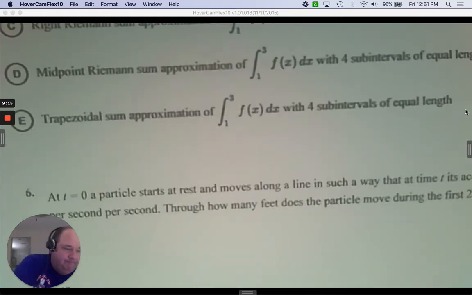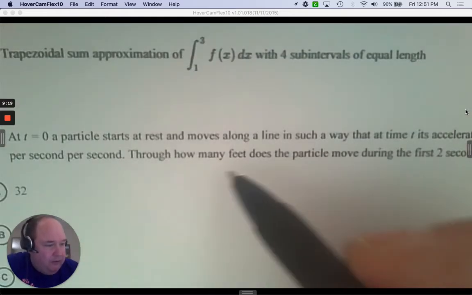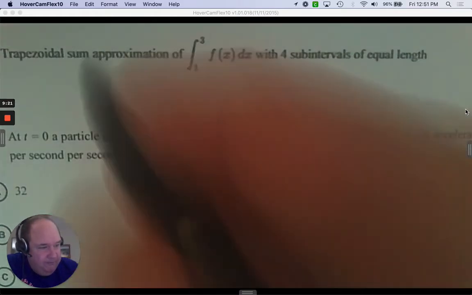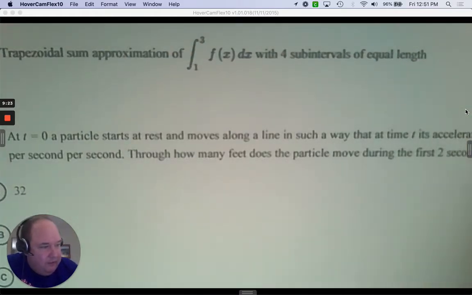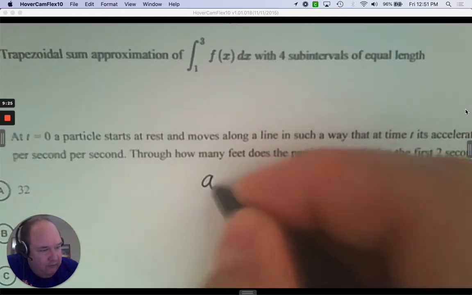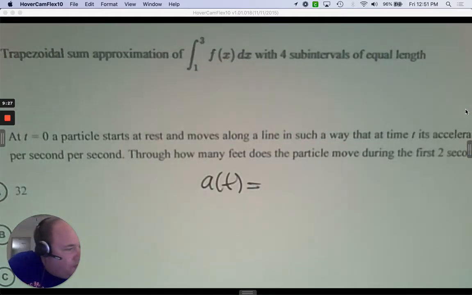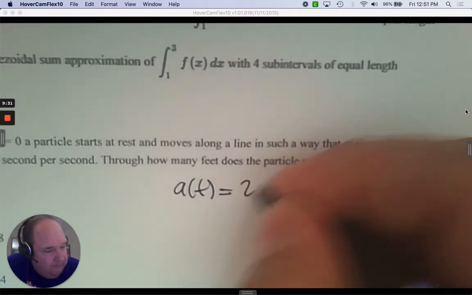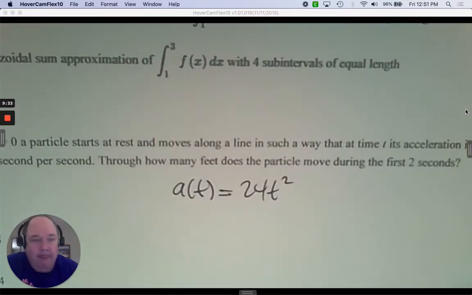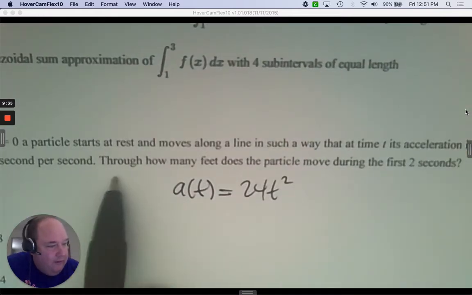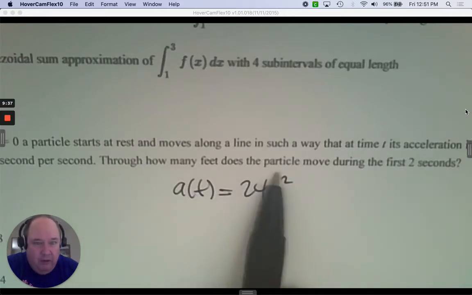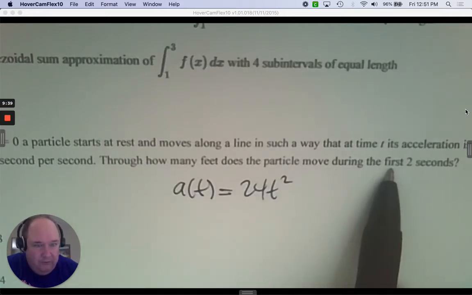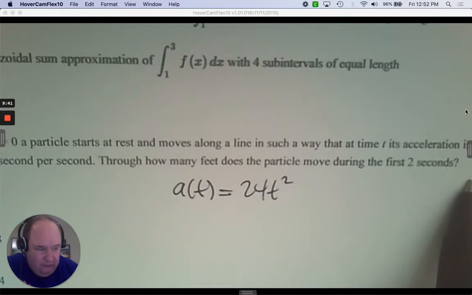Number 6. At t equals 0, a particle starts at rest and moves along a line in such a way that its acceleration is 24 t squared. And it says, how many feet does the particle move during the first 2 seconds?